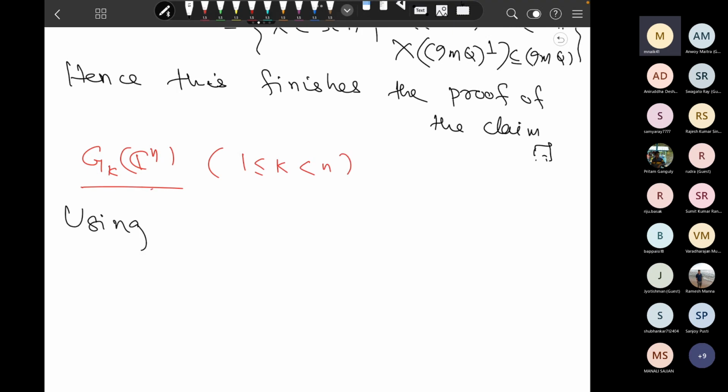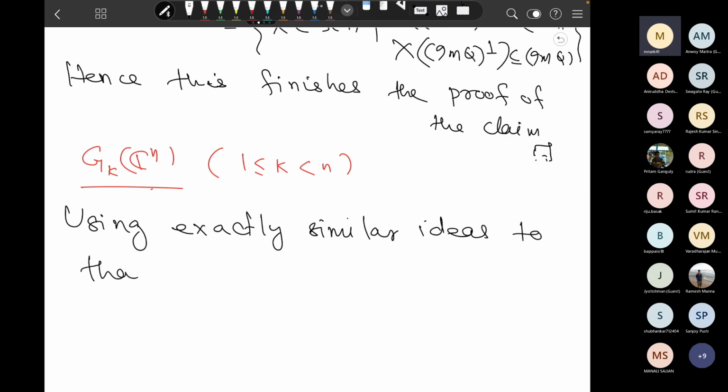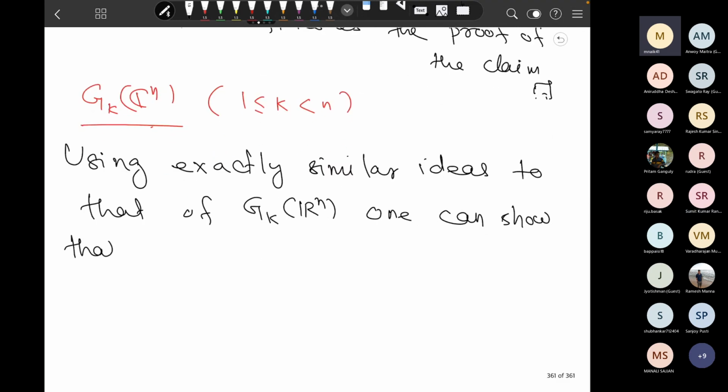So using exactly similar ideas to that of G_k(R^n), one can show that G_k(C^n) is a Riemannian symmetric space. There will be some trivial modification.